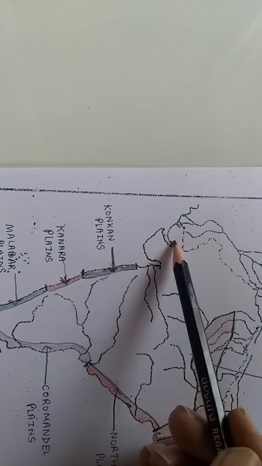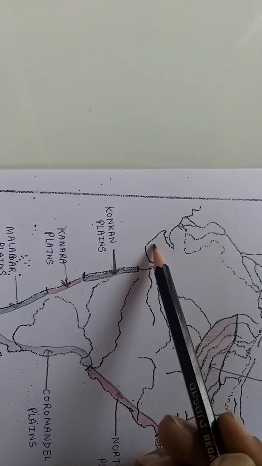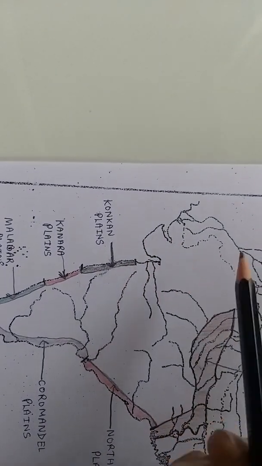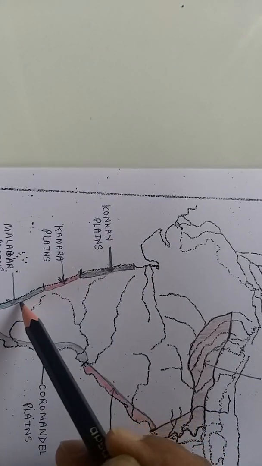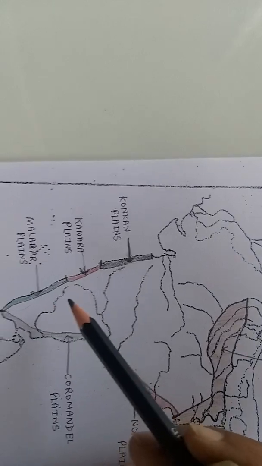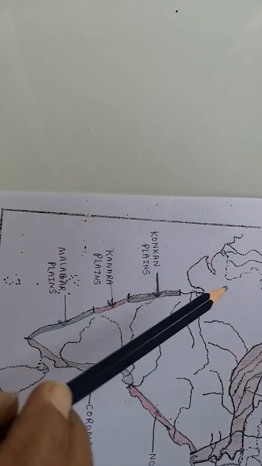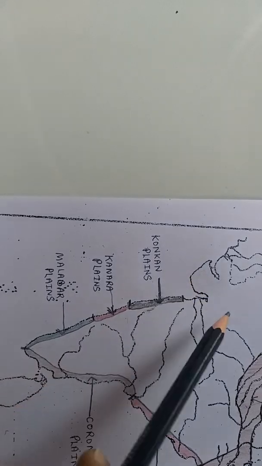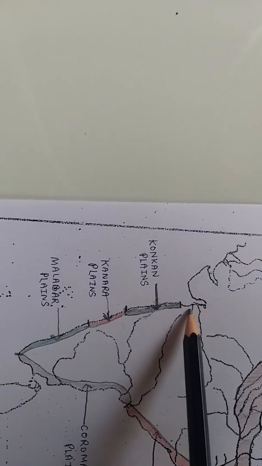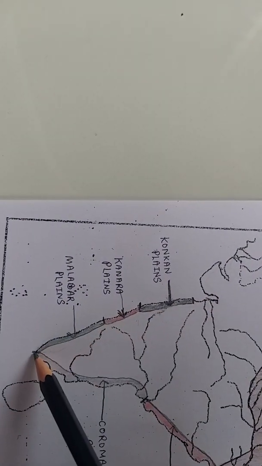Parallel to the coast, we have to draw the boundary in Gujarat, in this manner. Then the line will come down till Kanyakumari, till this part. Again, I'll repeat, for western coastal plains, from the Rann of Kutch, parallel to the coast, the line should be drawn. And from here, it should come down till Kanyakumari.